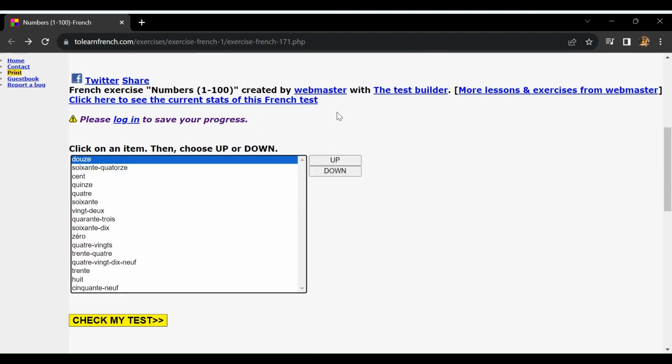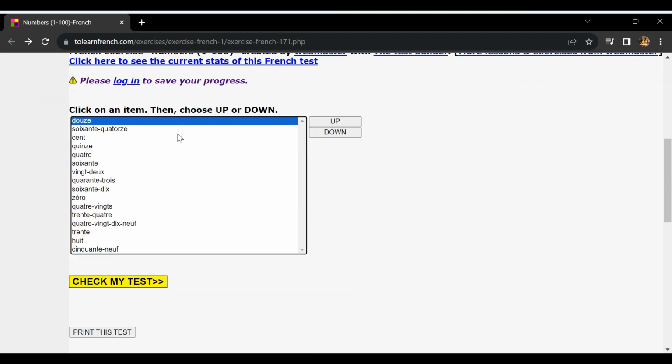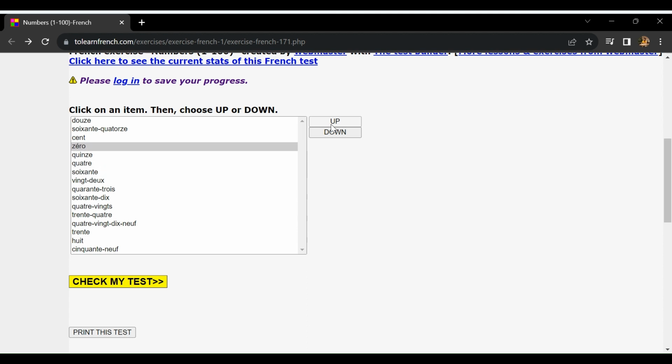First of all, we have to find out which is the least number. I can find it. Okay, zero. That's great. Let's place it up. Then after zero, I can see quatre. Let's place it over here.